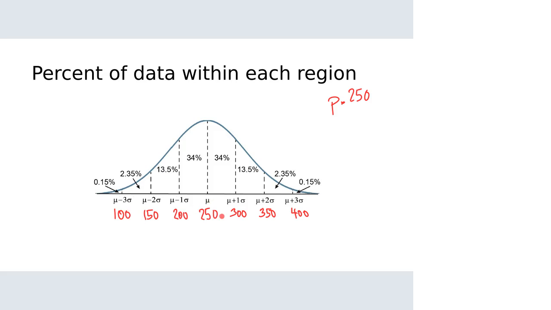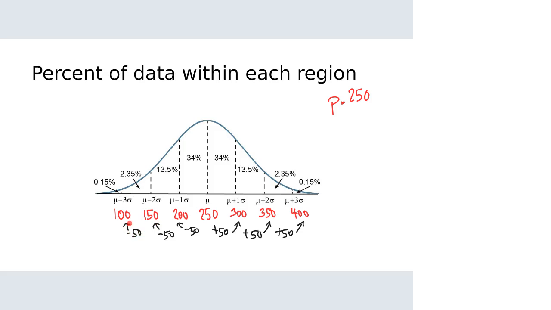The idea that 250 was our mean, we were given that in the problem. We were also given that 50 was our standard deviation. So we go up 50 to get this number. We go up 50 more to get this number, and we go up 50 more to get this number. On the left side, we'll go down 50 to get this number, down 50 more to get this number, and down 50 more to get this number.